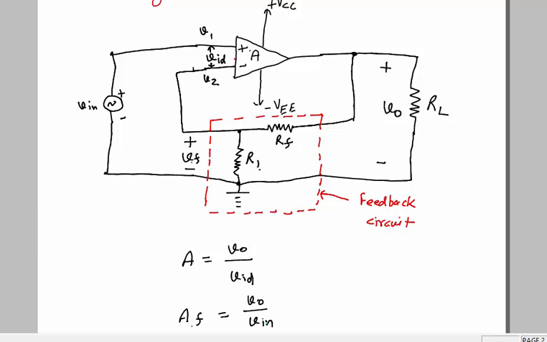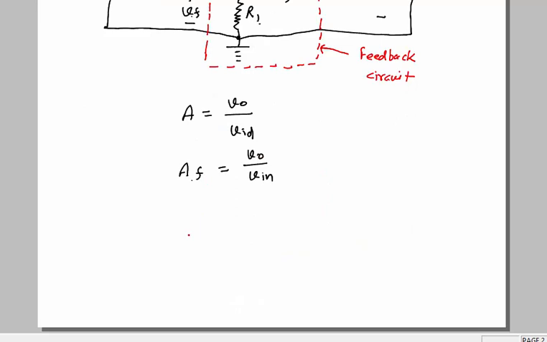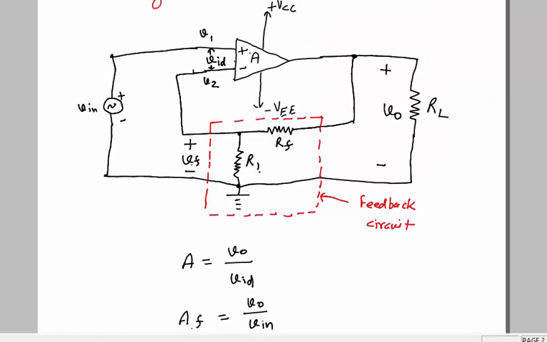Now the gain of the feedback circuit, only for the feedback circuit, let's call it B. In many places this is called beta also, so don't get confused, beta and B are the same. B is VF by V0. So you can see in the circuit diagram, A is V0 by VID, AF is V0 by Vin because it is the gain with feedback.